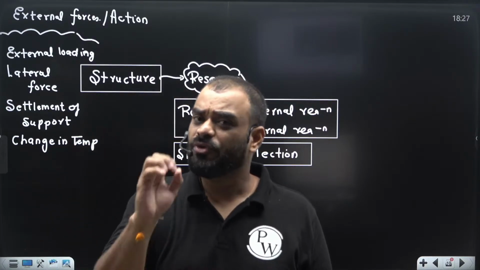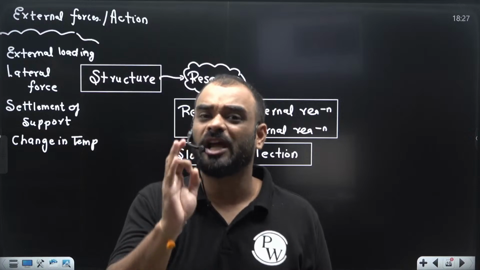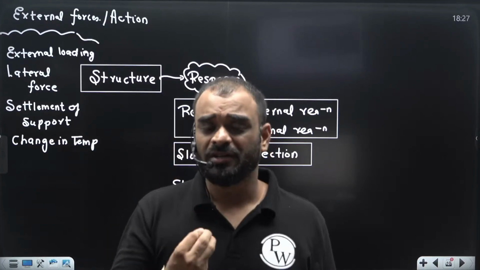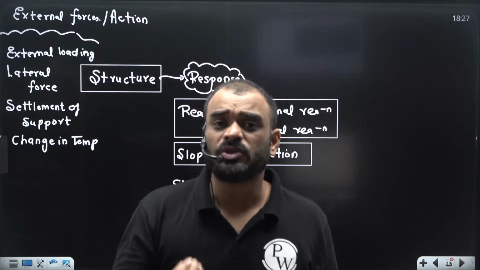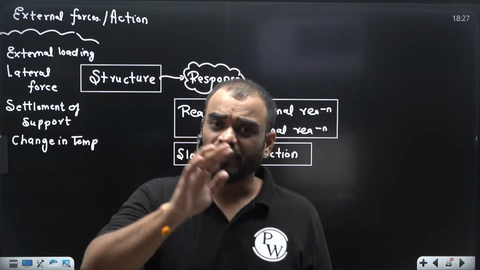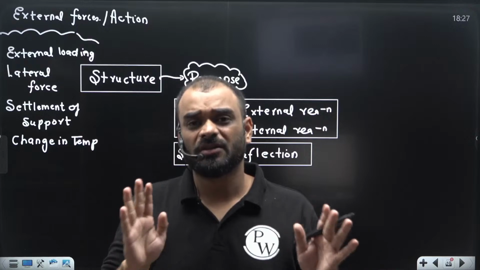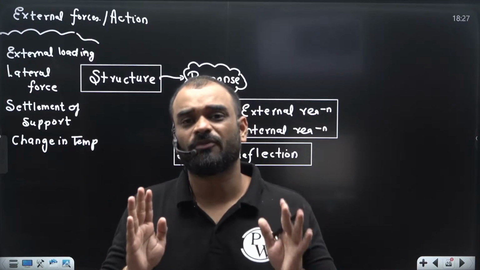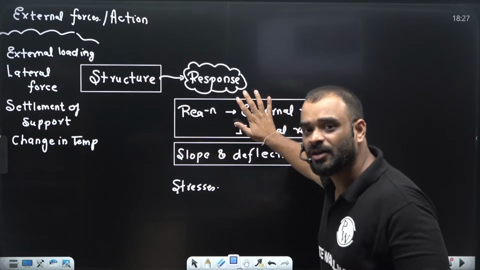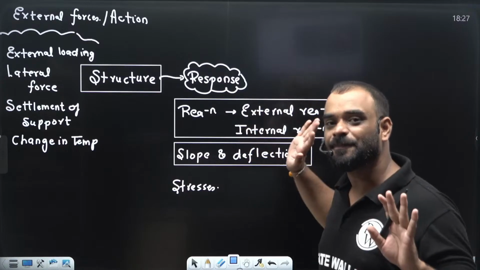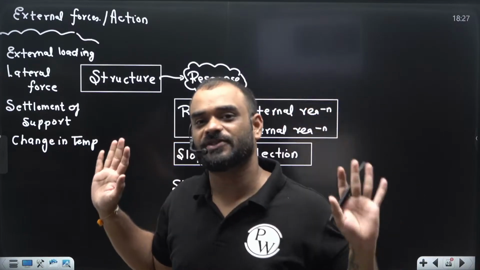Similarly, if you know each and every slope and deflection value for each and every node, or you can say joint, then in such a case also we can say that our structure is analyzed completely, because after finding out these values, whether the reaction part or the slope and deflection part, we need to draw shear force and bending moment diagrams so that we can design our structure.